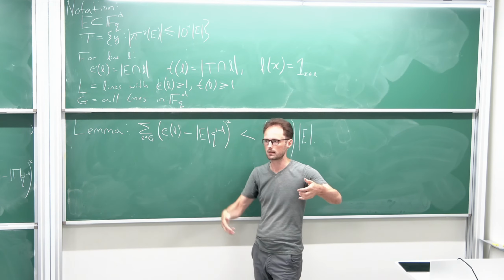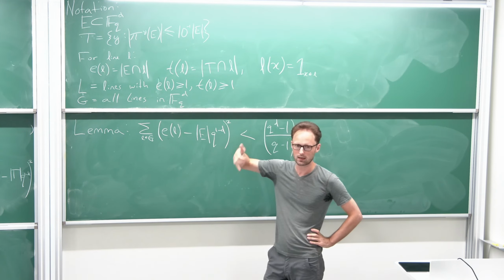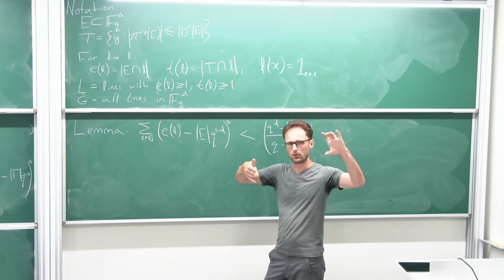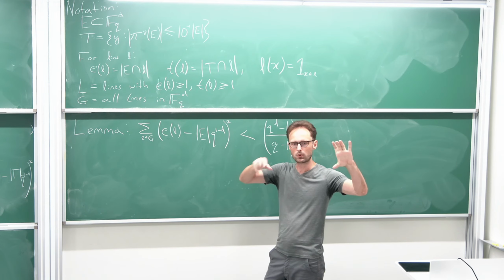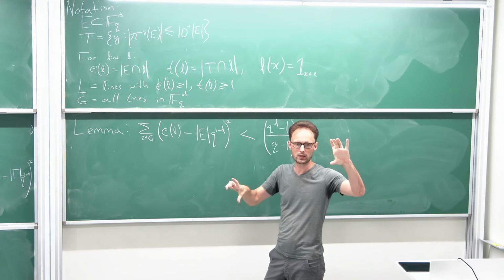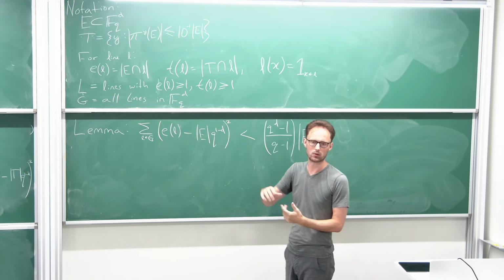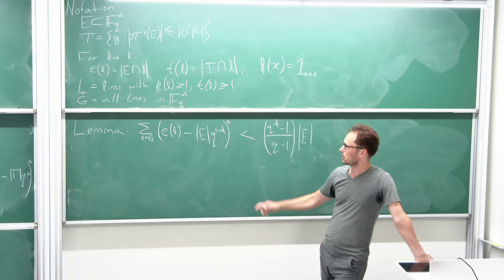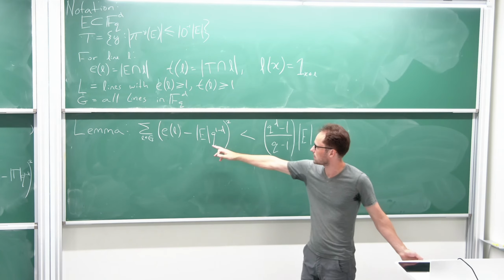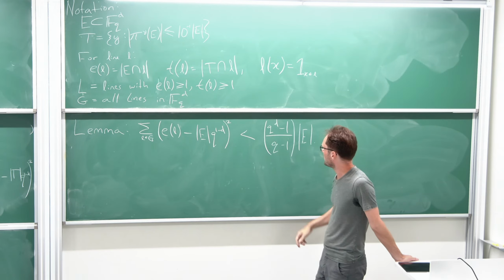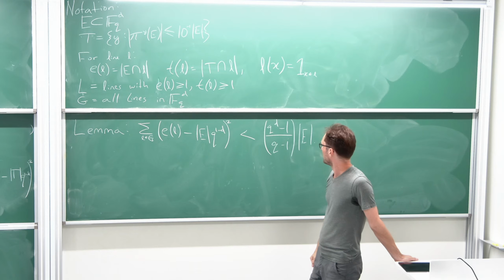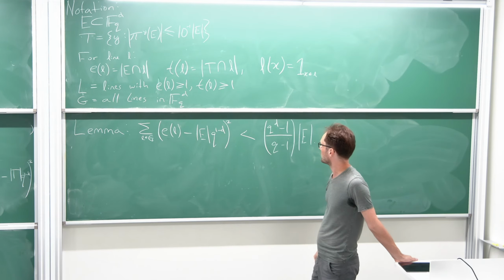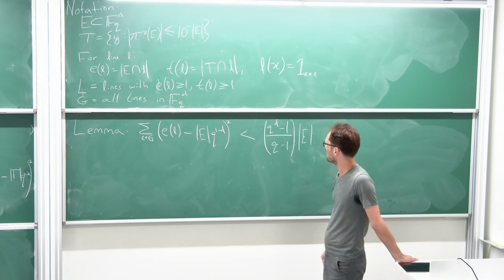It may not be balanced, but if you take a large set of lines and any sufficiently large set of points, then the number of edges between them has to be about what you would expect, or something like this. Now, if E is very small, this is going to be a kind of trivial bound.